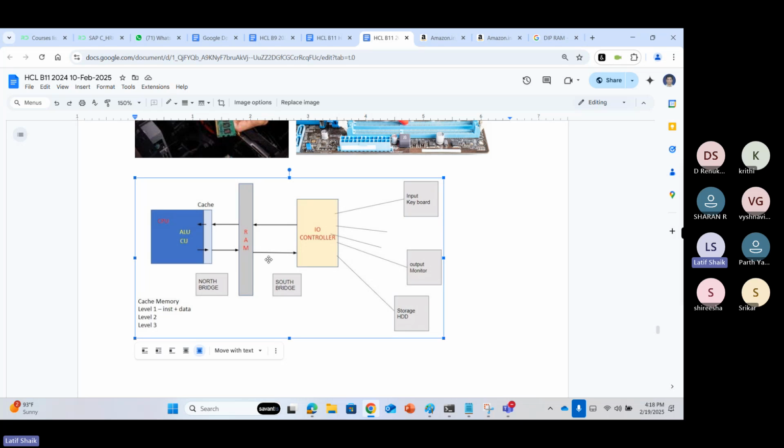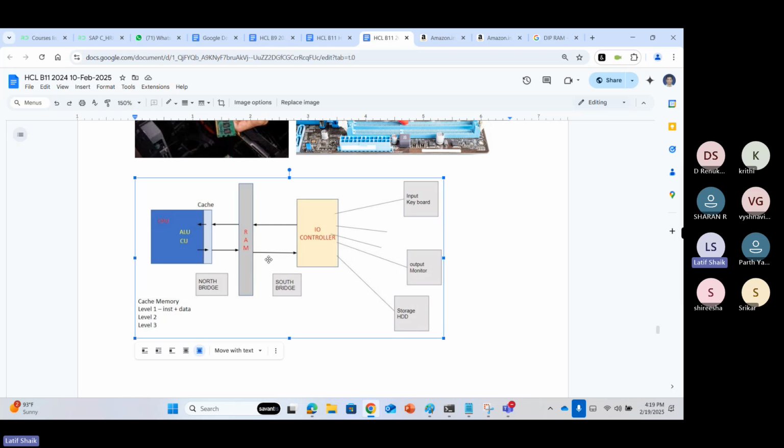Earlier we had two additional chips. One is the North Bridge, the next is the South Bridge. Nowadays, most desktops combine the north and south bridge into a single one.